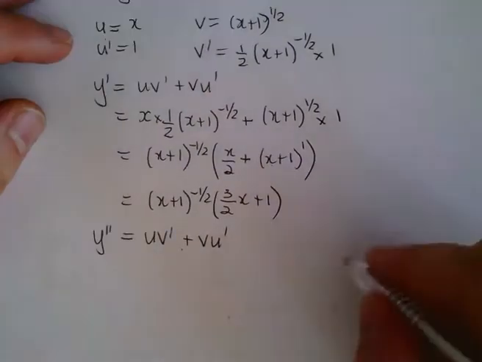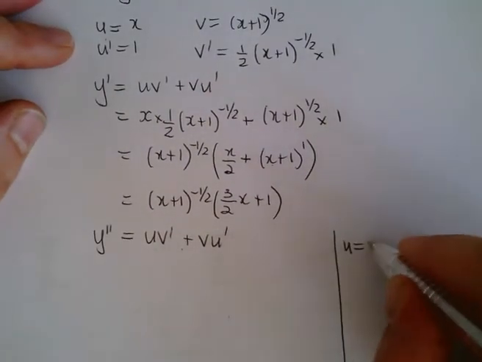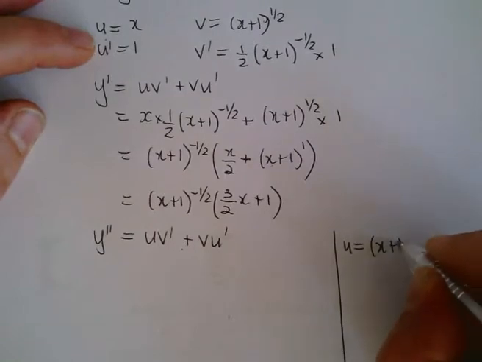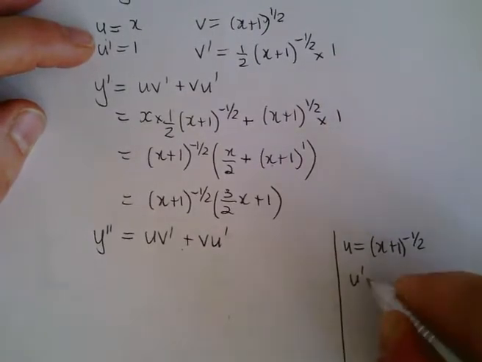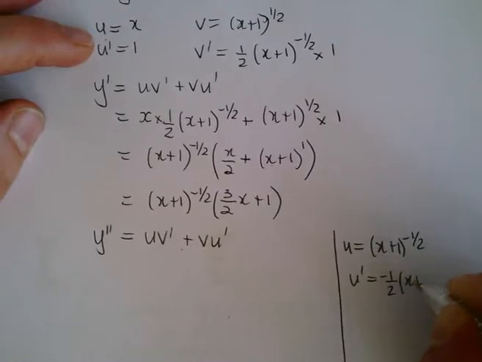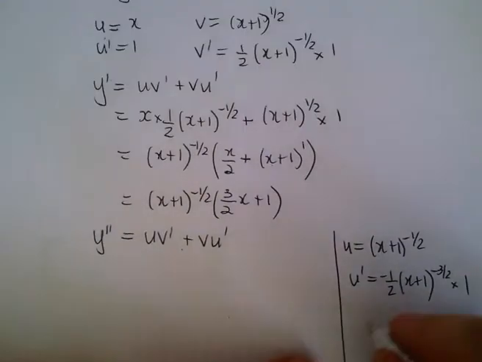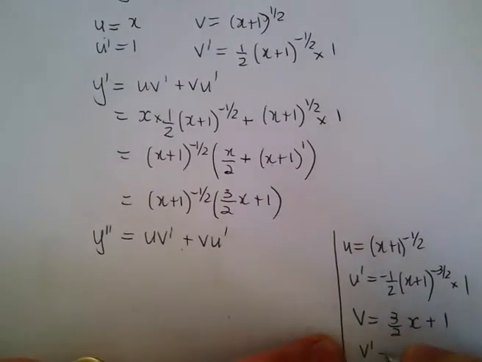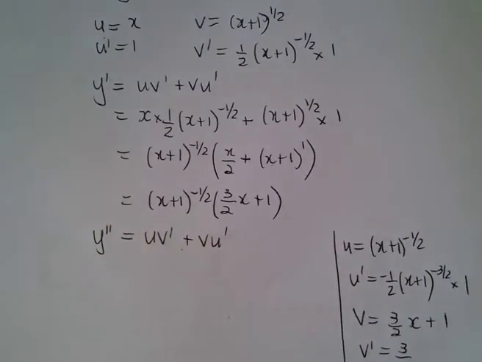Your second derivative, you're going to have to do uv dash plus vu dash again, because it's product rule. Your u is (x plus 1) to the negative a half. Your u dash is negative a half (x plus 1) to the negative 3 on 2 times 1. Your v is 3 on 2x plus 1, and your v dash is just 3 on 2.